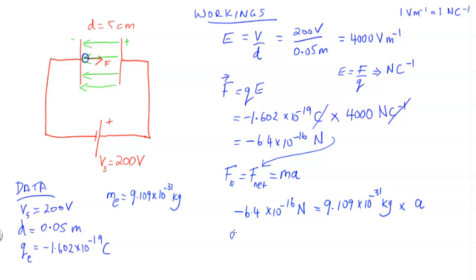Okay, so that means I have to divide this value by this value, which gives me negative 7.03 times 10 to the 14, that will give me newtons per kilogram, which I know is the equivalent unit to meters per second squared, so for acceleration.